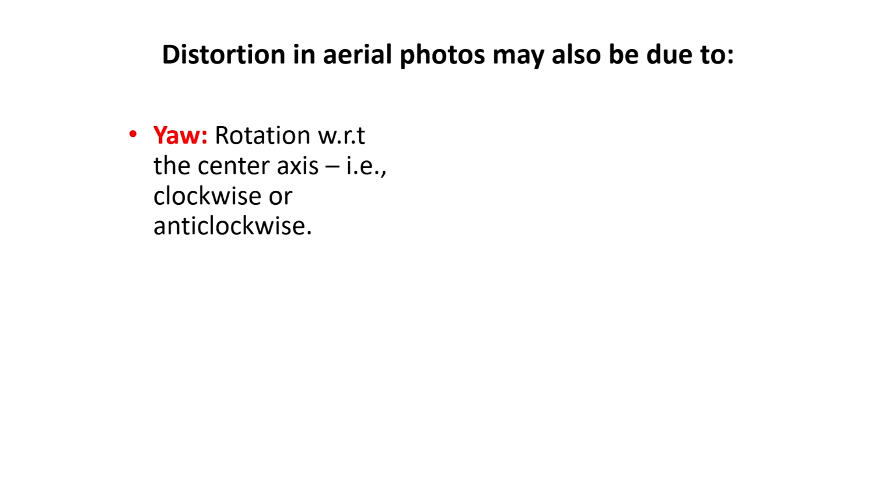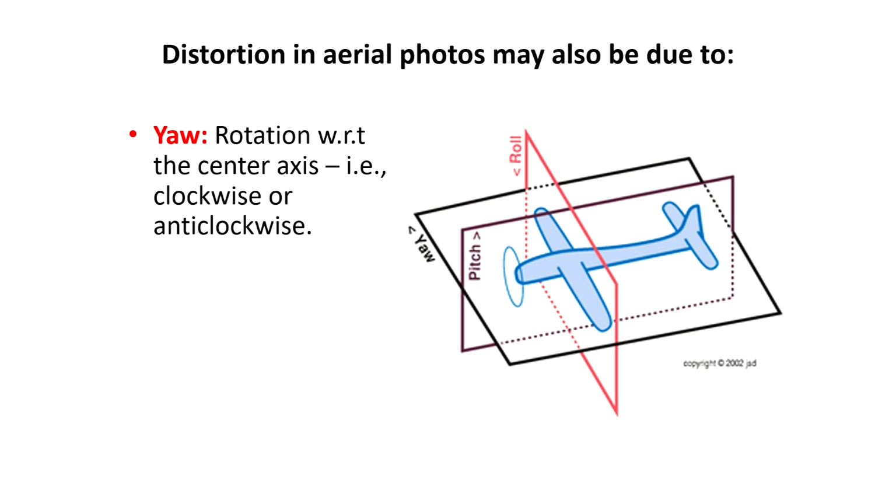Okay. It may have some drift and all that. Okay. So you have what we call the yaw. Okay. That is your rotation with respect to the center axis. So this is your yaw, that is, the center axis is over here. So there will be slight rotation, and that is clockwise or anti-clockwise. Okay.